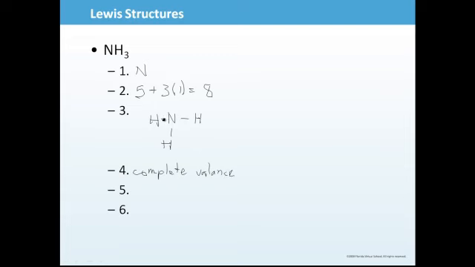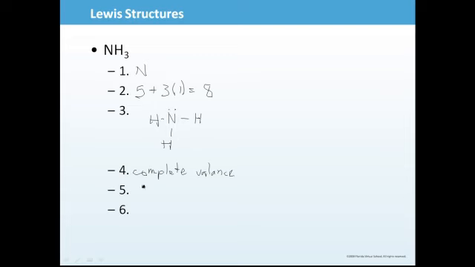Hydrogen only needs 2, so this hydrogen has its 2 right here in the bond. Same with this hydrogen on the bottom, and same with the one on the right. Now for the nitrogen, we've got 2, 4, 6, so it's going to need 2 dots on top here to get its 8. So we completed the valence.